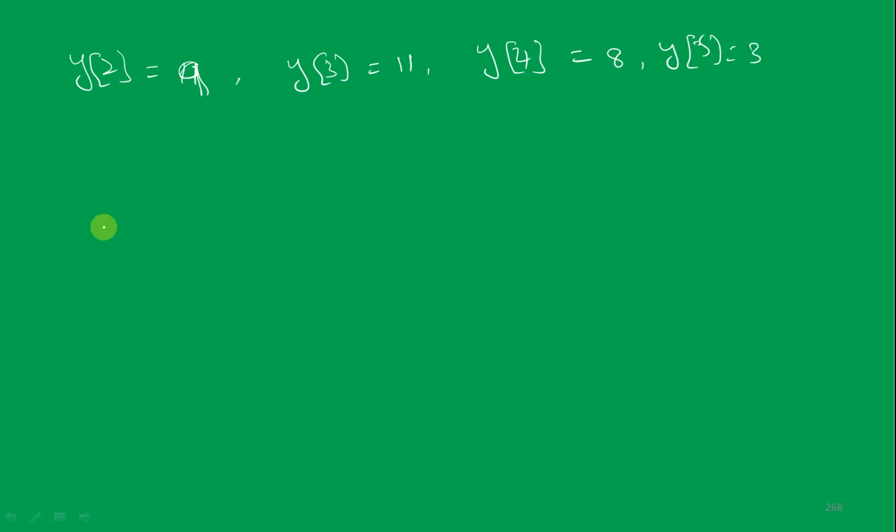So in the same way, determine, and then you can get the answers like this. So here y of n is nothing but 1, 4, 9, 11, 8, 3. So for the given x of n and h of n, the output is this one.